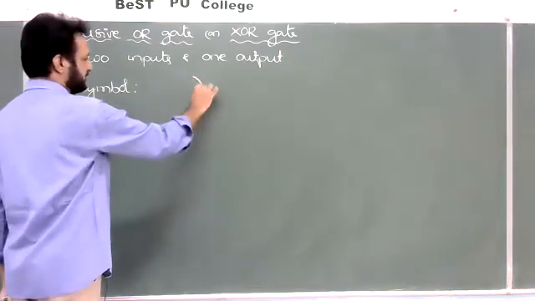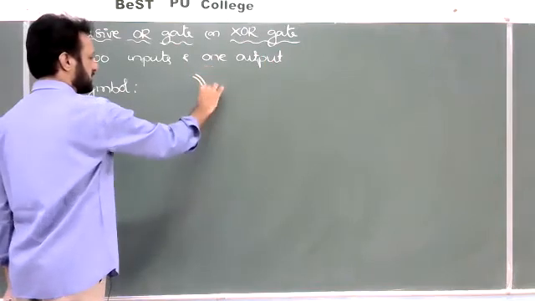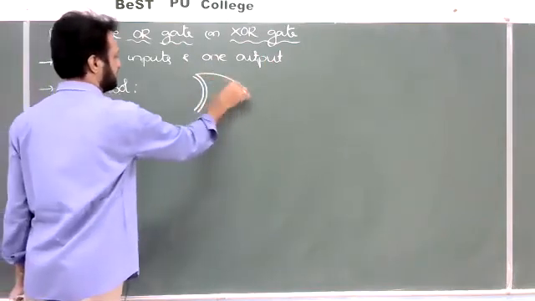Similar to the OR gate only, but I am drawing one extra line like this.